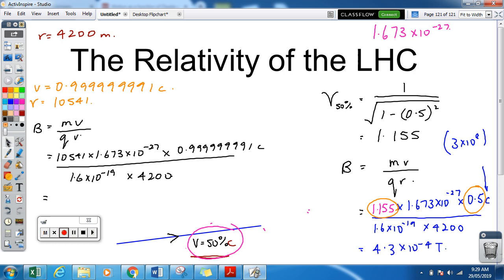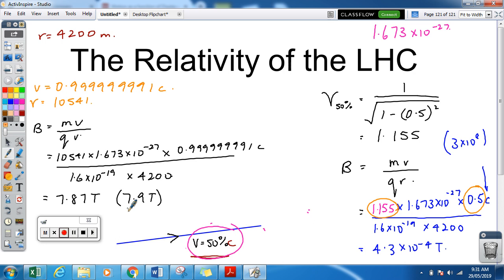I'm just going to pause the video and do the calculation. The calculation gives us 7.87 Tesla. I'm rounding that to 7.9 Tesla, so nearly 8 Tesla is required.